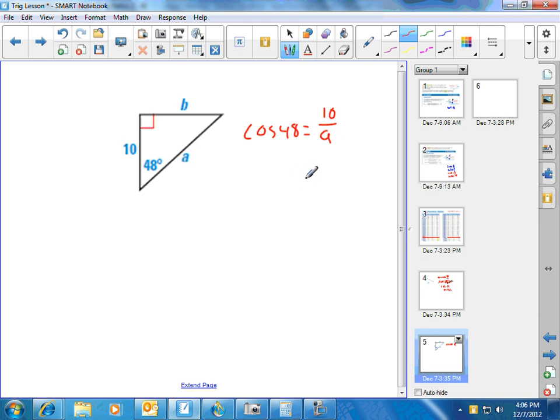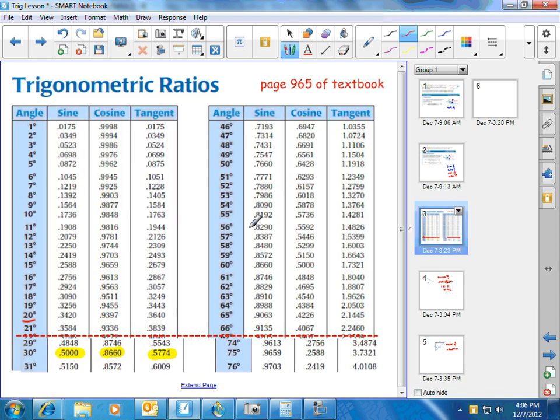So the cosine of 48 has to equal adjacent, which is 10, over A, the hypotenuse. If you remember from the previous problem, I multiply both sides by A, so I've got A times the cosine of 48 degrees equals 10. I multiplied both sides by A to get rid of the 1 over A. Again, the cosine of 48 has a value, and that value is cosine 0.6691.